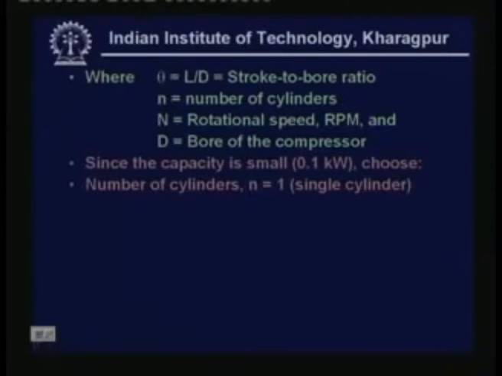Okay, that is what is mentioned here. Number of cylinders we have chosen as 1, so n is 1. Then we have to fix the stroke to bore ratio. Stroke to bore ratio is theta, and here we have selected this as 0.8. What is the basis for selecting this as 0.8, and what is the effect of the stroke to bore ratio on the performance of the compressor? Let us look at this.